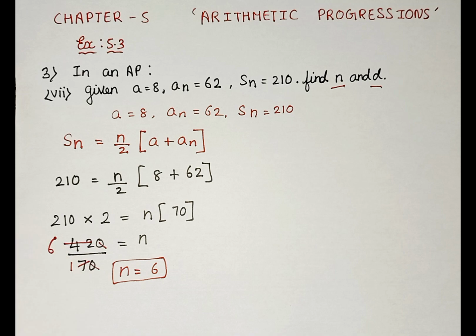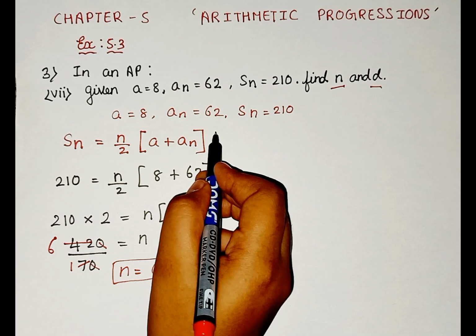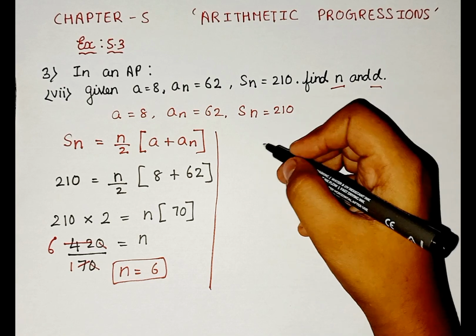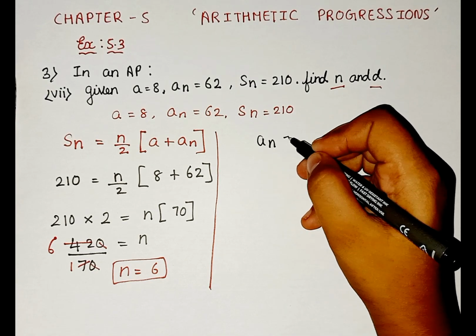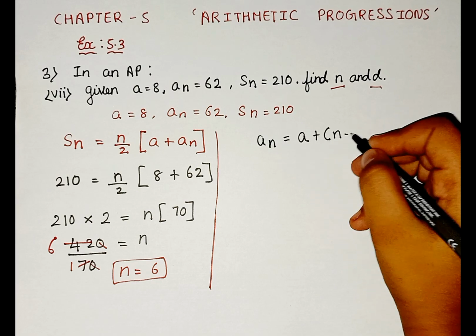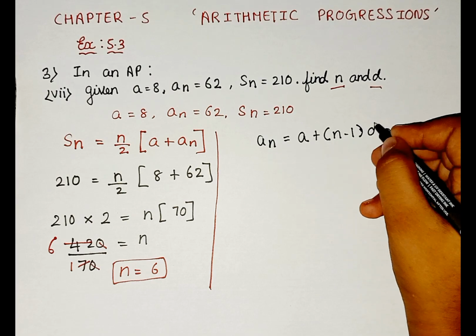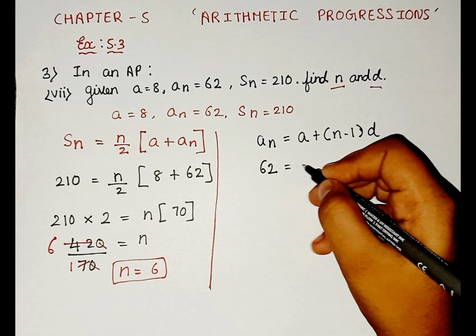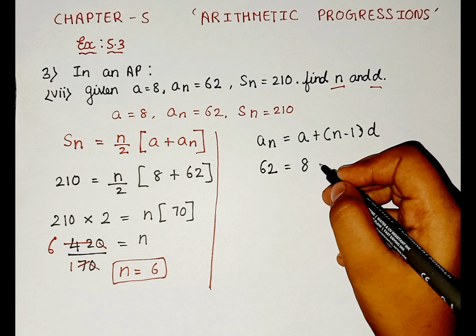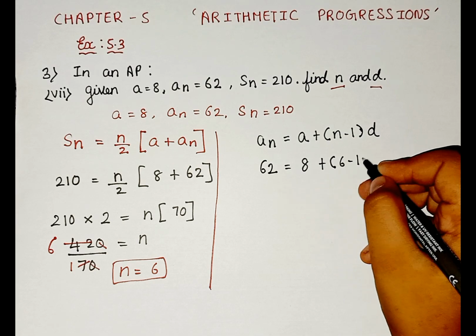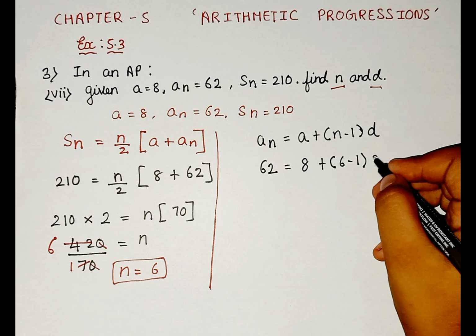Now that we got the n value, let us find the d value. To find that, let us apply the an formula. An is equal to a plus n minus 1 into d. Here the an value is 62, equal to the a value 8 plus n value, it is 6, and then minus 1 as it is, into d, which we don't know.